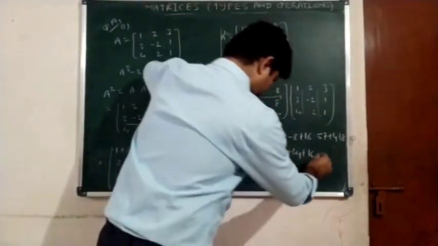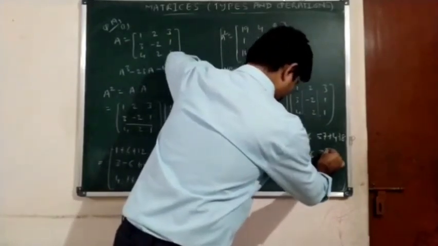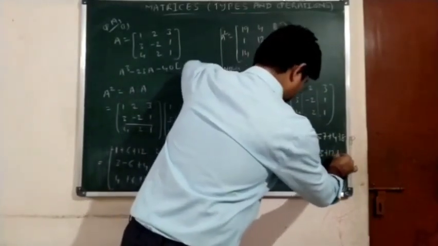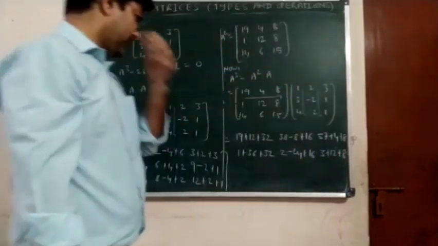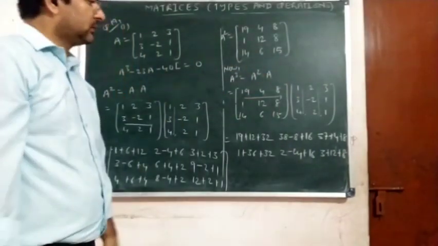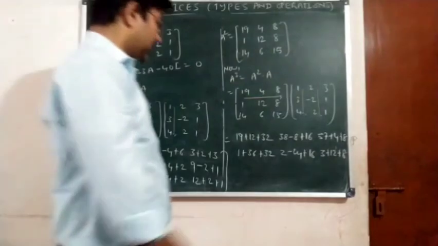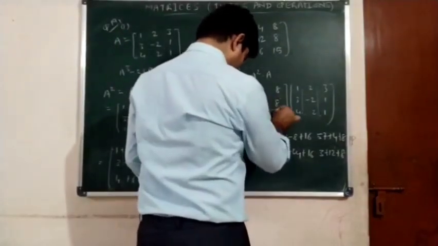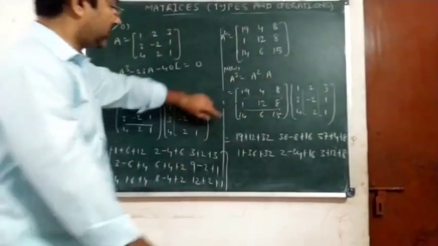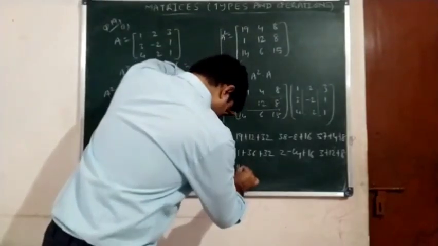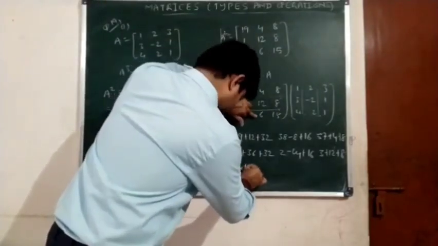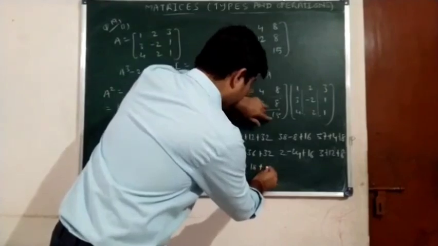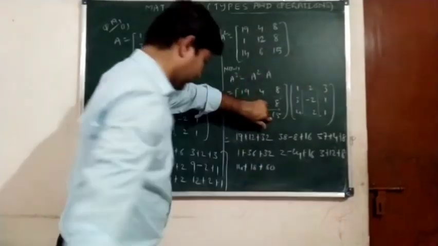With the third column, 3 ones are 3 plus 12 ones are 12 plus 8 ones are 8. Okay, now third row is left. Multiplication of third row with the three columns one by one. 14 ones are 14 plus 6 threes are 18 plus 15 fours are 60.